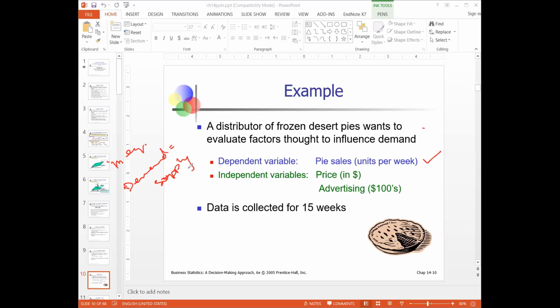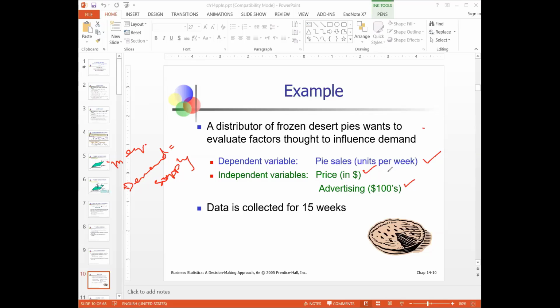Then the independent variables that he has selected are price and advertising expenses. Price, we already know, will work as a direct variable, and advertising is the demand motivating factor. So there are two variables. He has collected data for 15 weeks.